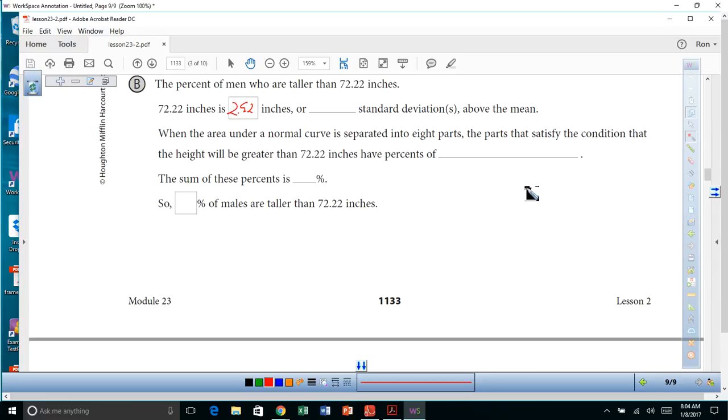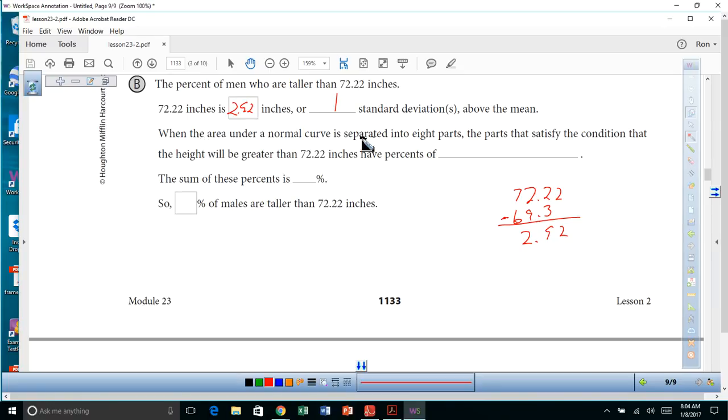So we took 72.22 and we subtracted 69.3 from it, and that gave us 2.92 inches, or 1 standard deviation above the mean.